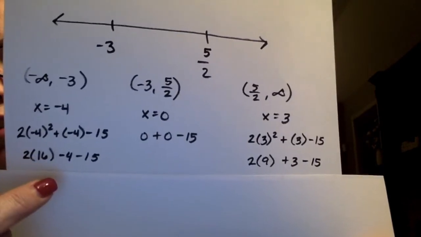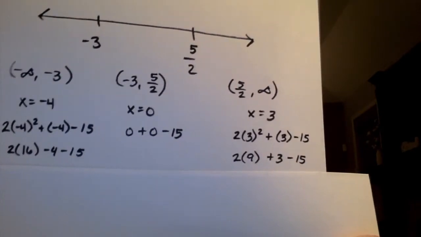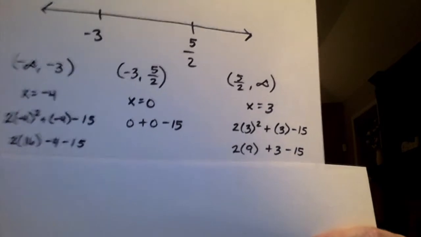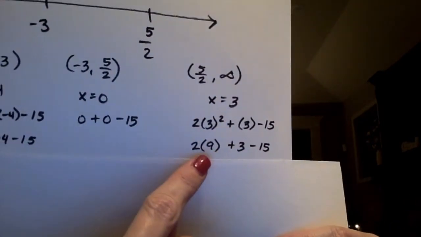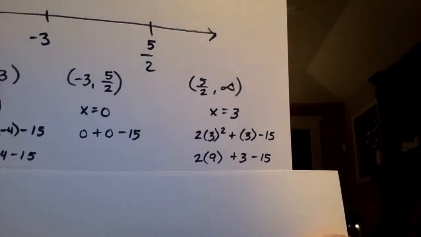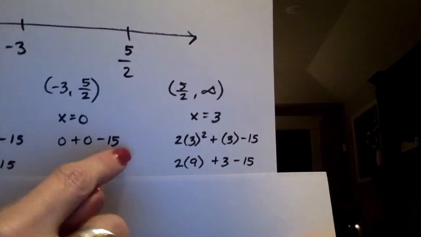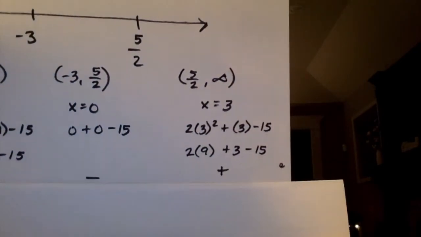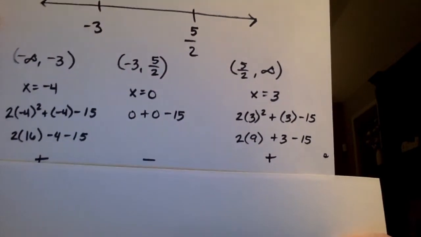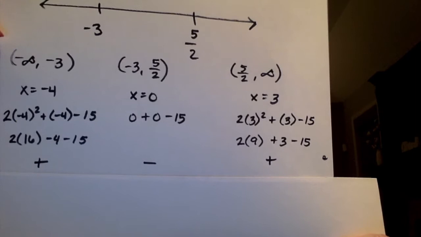If I subtract 4 and subtract 15, I'm relatively certain that that's not going to be less than 0. So I'm going to get a positive number. The same thing over here. I've got 18, I'm adding 3, and I'm going to subtract 15. I know I'm going to get a positive. Here, putting zeros in for x's, we get zeros, and then minus 15, which is negative. So I haven't even calculated the actual values there. I've only decided whether the answer would be positive or negative.